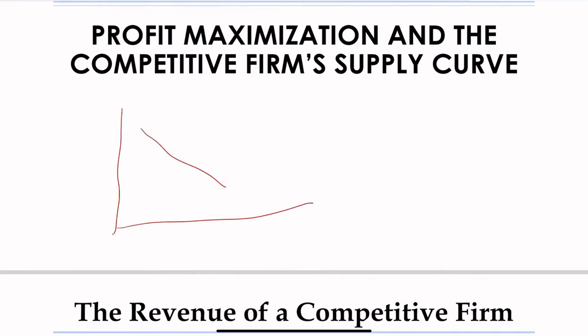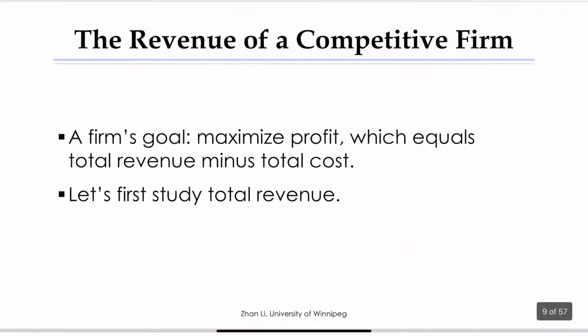We talked about the demand curve and the supply curve. And one important question is, how do you get the supply curve? Well, now through understanding firms' profit maximization in this competitive market, you will be able to see that the supply curve is essentially the marginal cost curve. So let's proceed and see how this works.